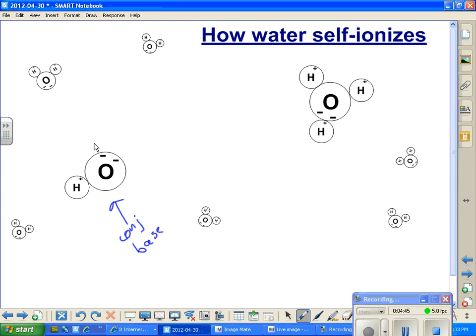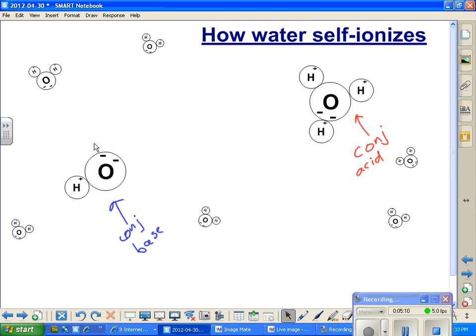Okay, over here, this guy here was called the base because he accepts a proton. Well, here he is. Now he is referred to as the conjugate acid. And you can see what's going on a little better than when we just write the equation.